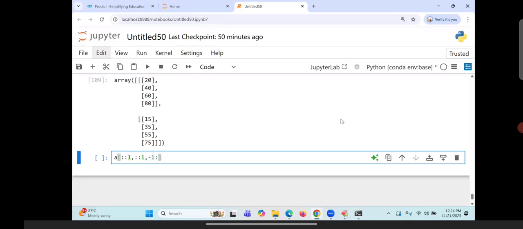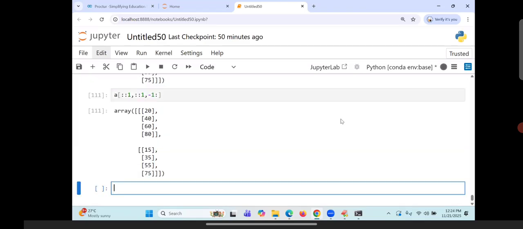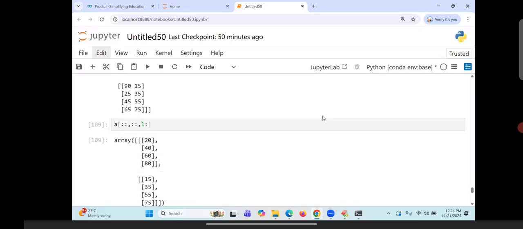Come on. What is that? All second column of all the matrices. Same answer. With what I said, negative index I mentioned for what? Columns. Other than that, it is going to be the same.